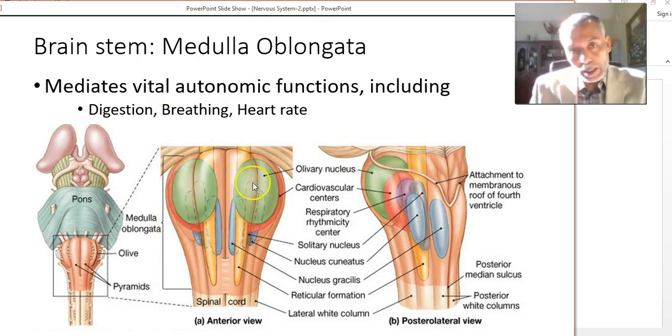The medulla oblongata, that lower part, as you could see, has functions including digestion, swallowing, breathing, and heart rate regulation. So regulation of breathing, regulation of heart rate, and I pointed out the centers that, for example, enable you to regulate the breathing cycles, and also it contributes to swallowing and so on.